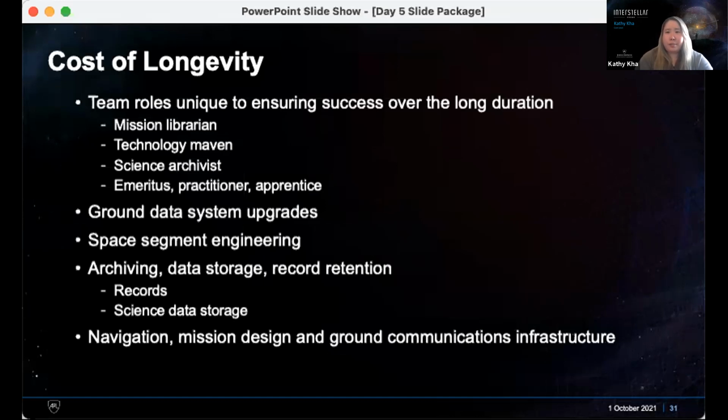There are also ground data system upgrades that will need to account for space segment engineering.